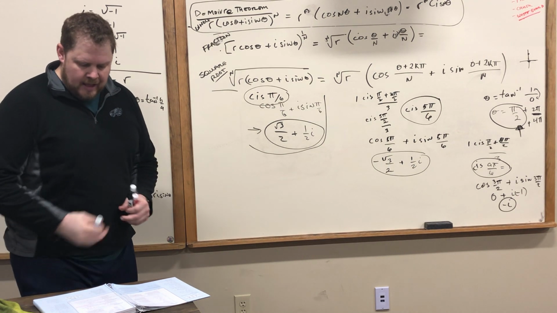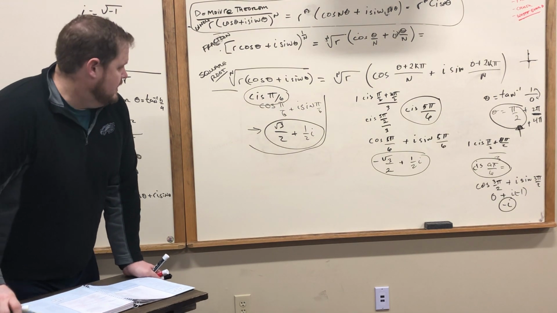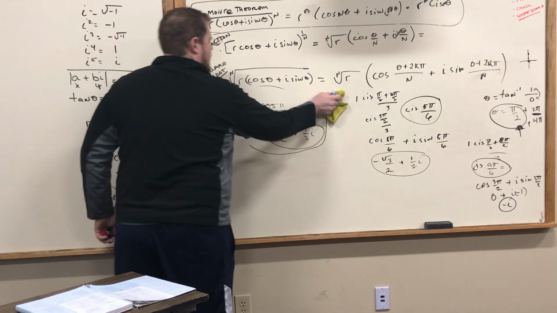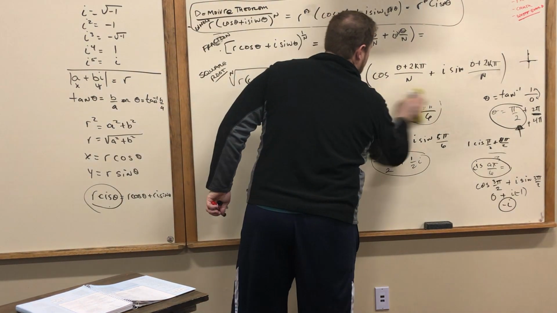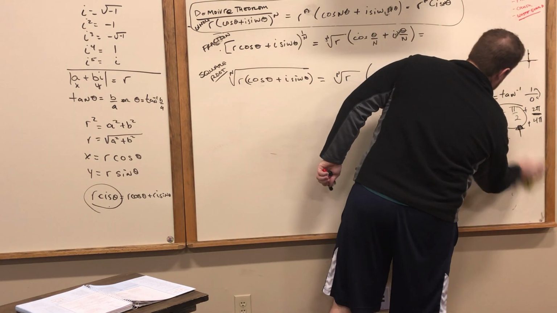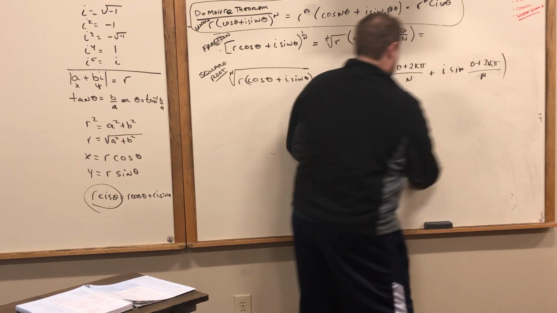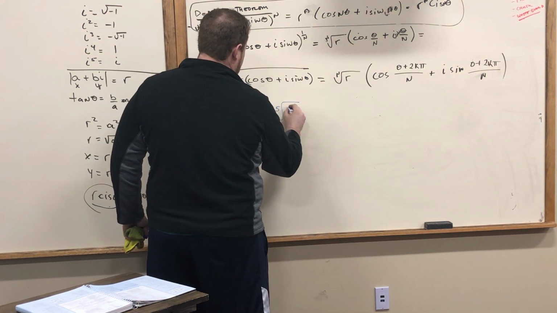All right, the last type of problem, the last example that we will do today, is when they give you the problem in this manner. When they give you the problem, it looks like this.